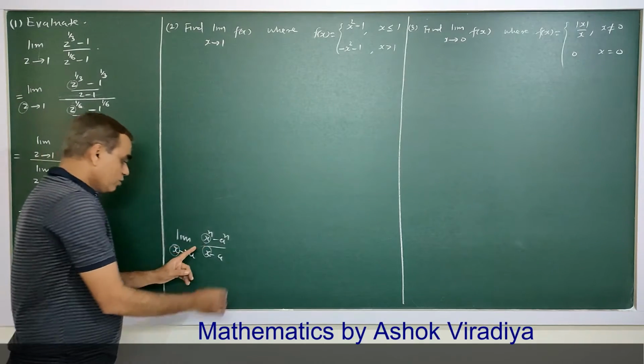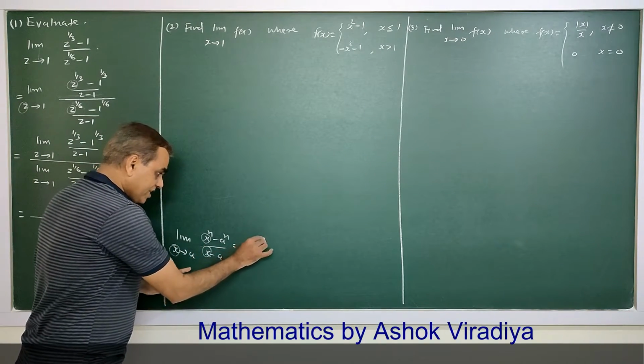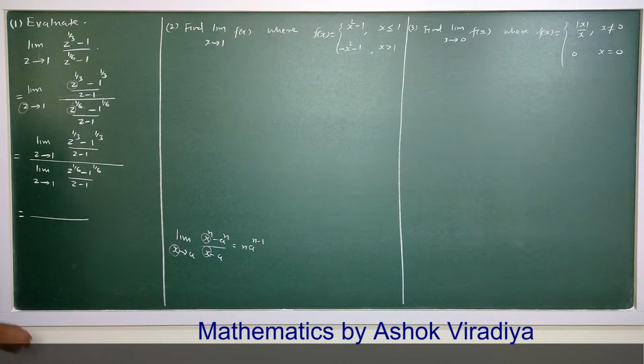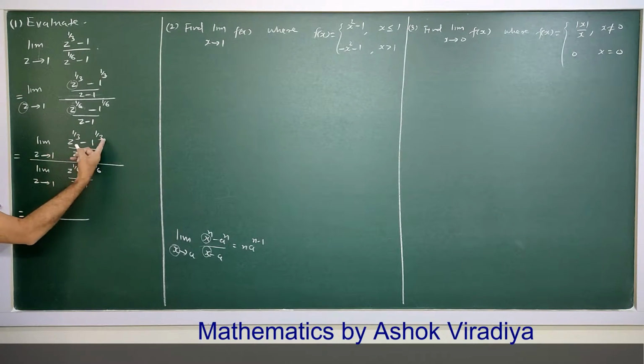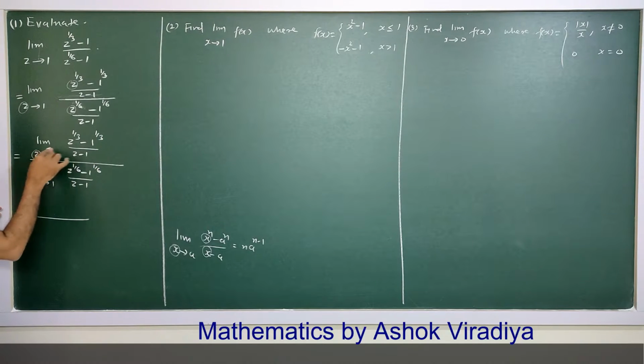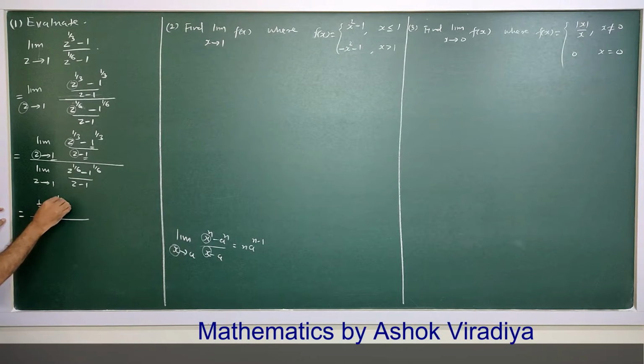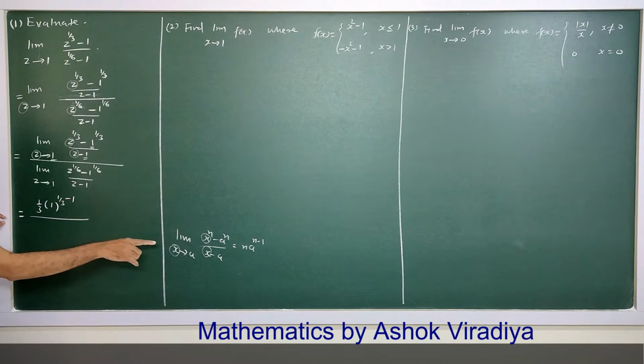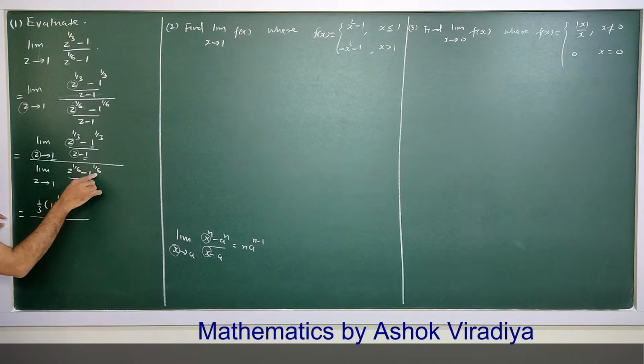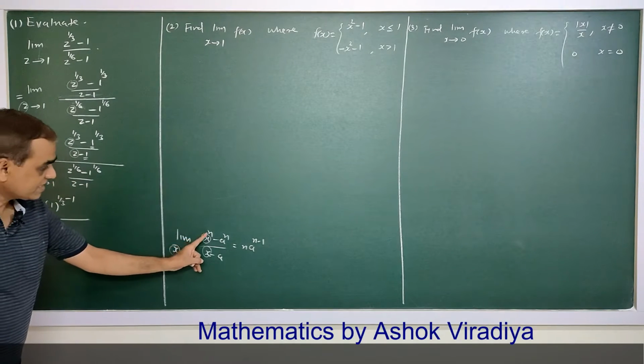Now by this rule, this is equal to n times a raised to n minus 1. So here, 1/3 is n, the variable is z, and the constant 1 is like a. So by this rule, n times a raised to n minus 1, upon, here again this rule, but here the value of n is 1/6.